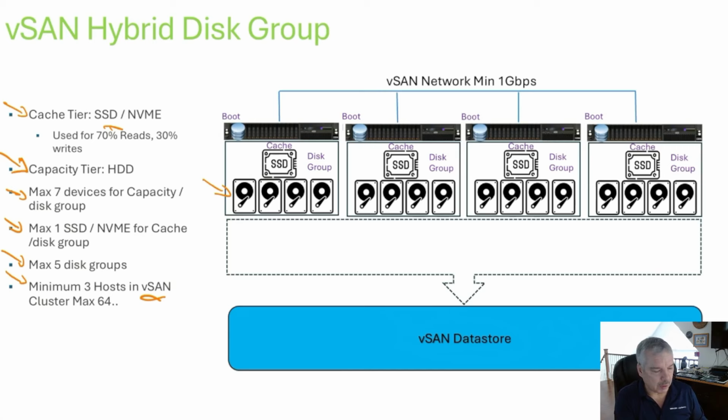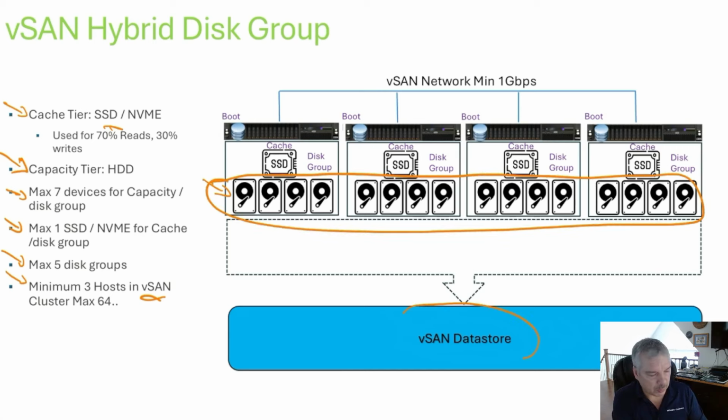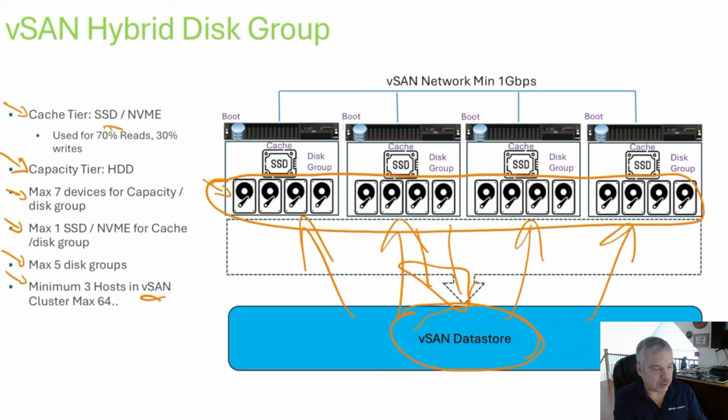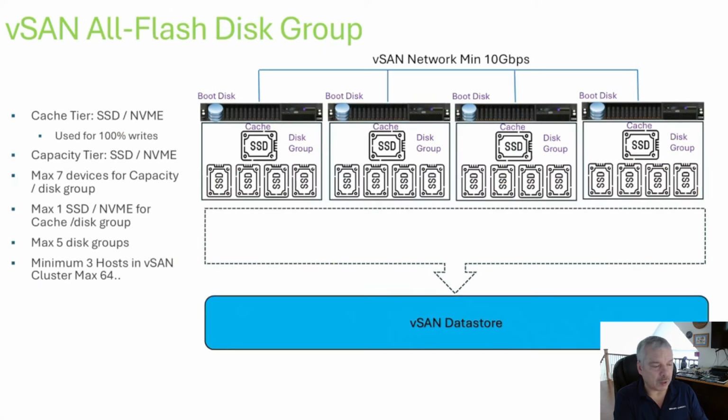Okay, so we're taking these disks and pooling them together to make one big volume, and this one big volume is accessible by all of these servers. Okay, this is the hybrid disk group. There's also the all-flash disk group, and you can kind of figure out that one. We still have our disk groups.